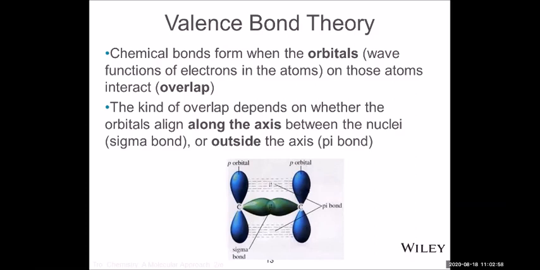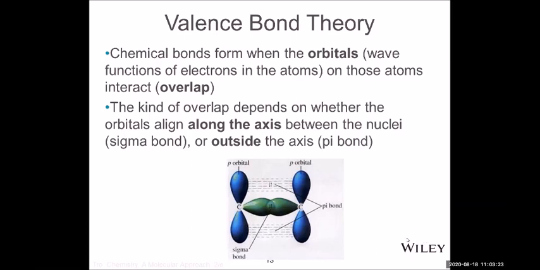But since the p orbital has locations both above and below the bonding axis, it has 2 locations to overlap, and it can form a fairly strong bond. But typically the pi bond is weaker than the sigma bond because of the sideways overlap.